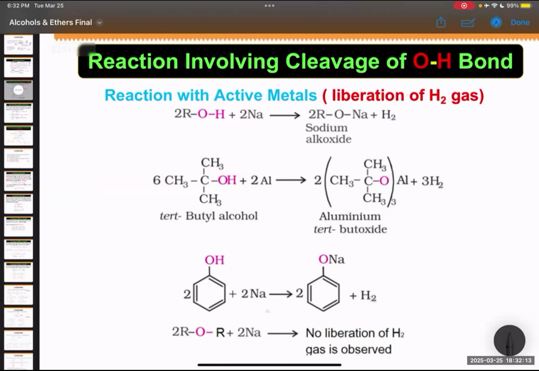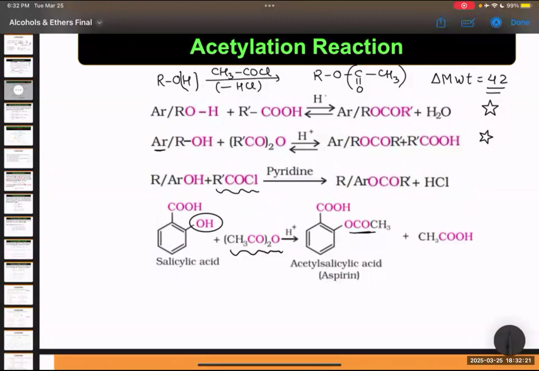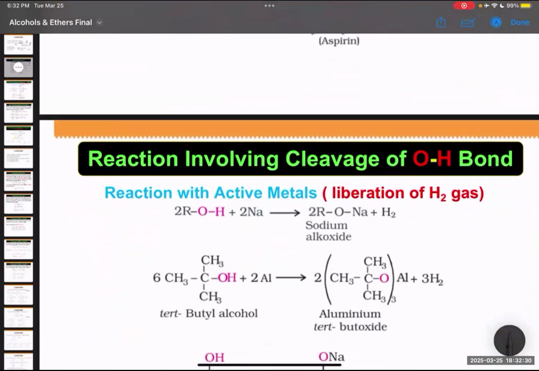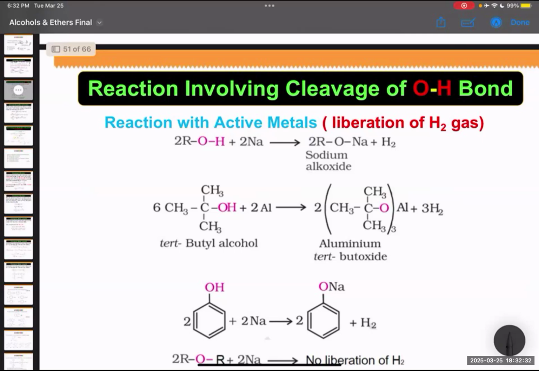So there are other methods which involve removal of H plus from the alcohol group or from phenol. One was acetylation, where the H plus was removed and substituted by an acetyl group. You have reaction with metals.